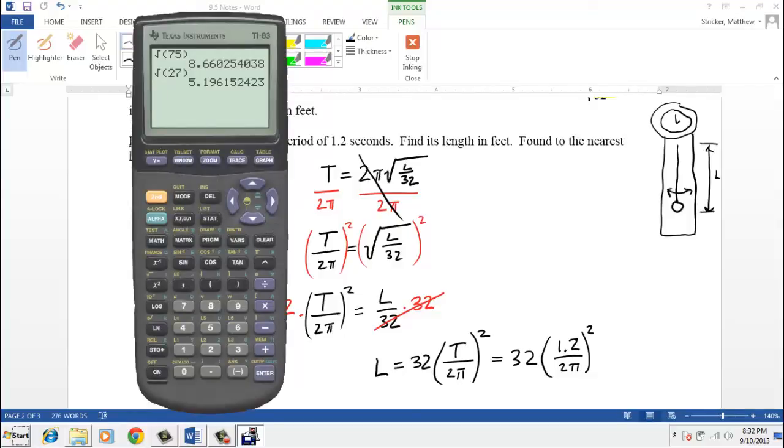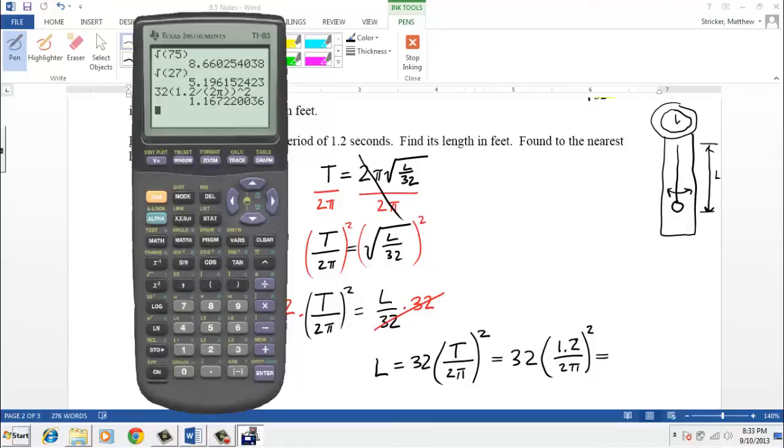So we're going to take 32 times, in parentheses here, 1.2 divided by, I'm going to put this 2 pi inside of parentheses because we need to divide by 2 and by pi. So the parentheses forces the 2 pi to be in the denominator. And we're going to raise that to the second power. We're going to square it.